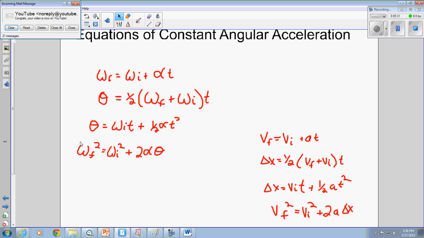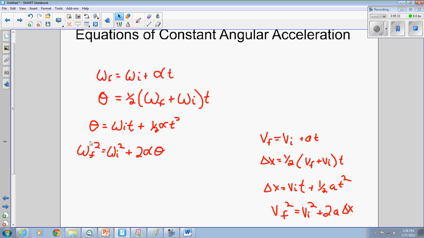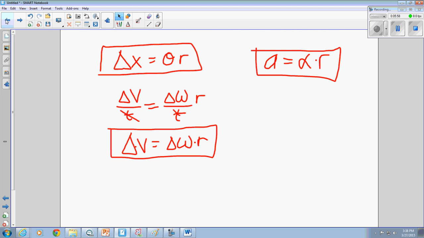And understand, if I can figure out an aspect of rotational motion, say the angular displacement, once I have that angular displacement, I can solve for my translational displacement by multiplying by the radius, as we showed before, as what was shown over here.